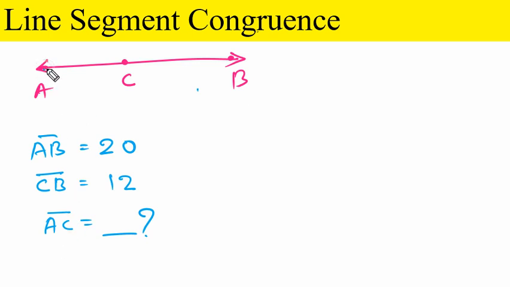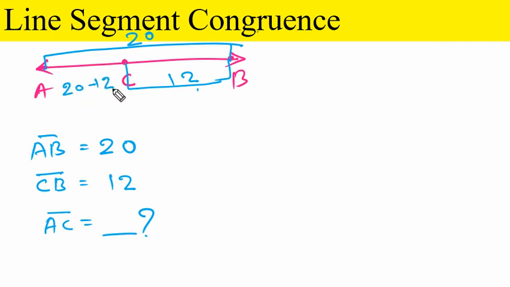A to B, the total distance, is 20. C to B, this distance, is 12. So this distance will be 20 minus 12. So your answer will be 8. Again, if the unit is centimeter, then the unit is centimeter. That's it. So that is the basic concept of line segments.